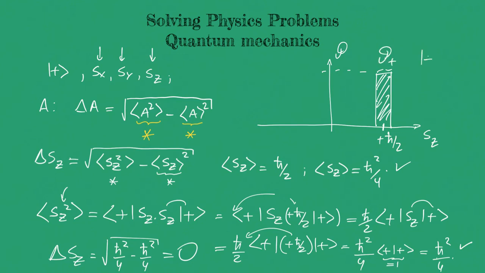We are here considering the quantum state ket plus, where the expectation value of Sz is h bar over 2. Therefore, the uncertainty associated to a measurement of Sz on the ket plus is equal to 0. And you can see here the probability of finding spin down is 0, and the probability of finding spin up is equal to 1. This is the histogram that illustrates the case of the operator Sz.